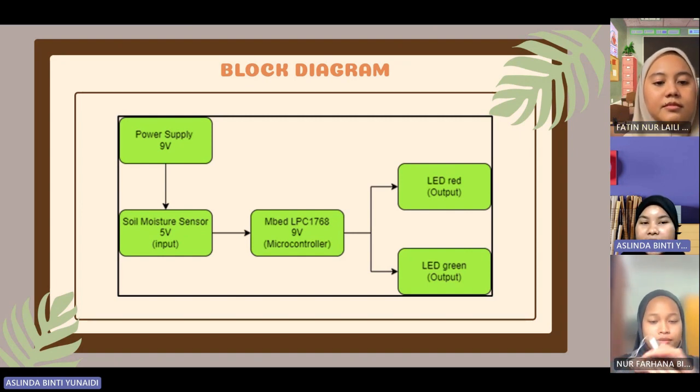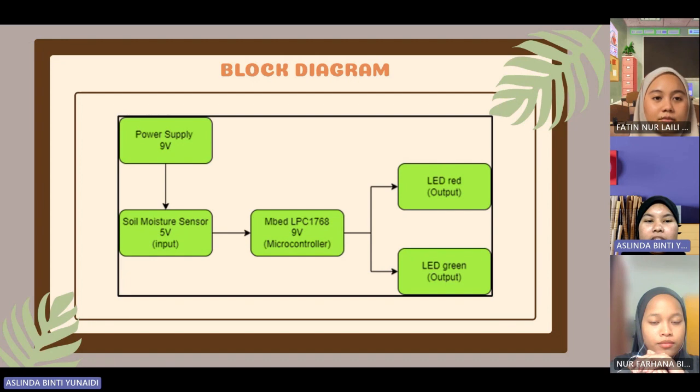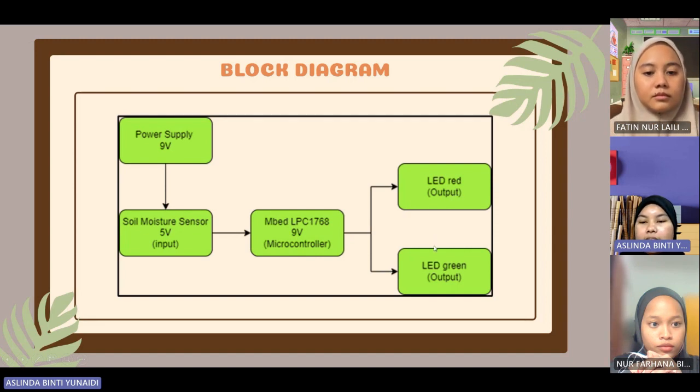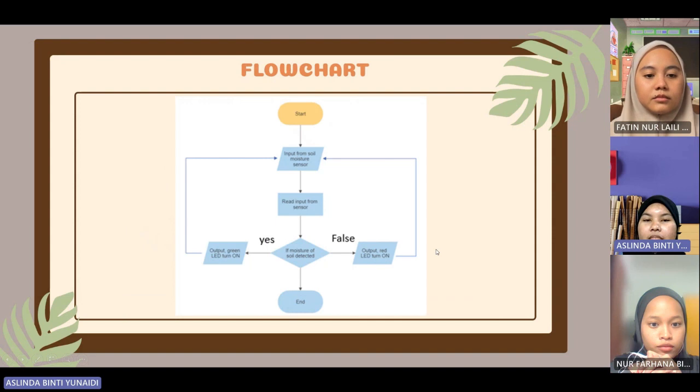For the block diagram, we have the power supply, and then our input is a moisture sensor. Our microcontroller is MBED LPC1768, and we have two outputs, which are LED red and LED green. For the flow chart, we start and then take input from the soil moisture sensor.